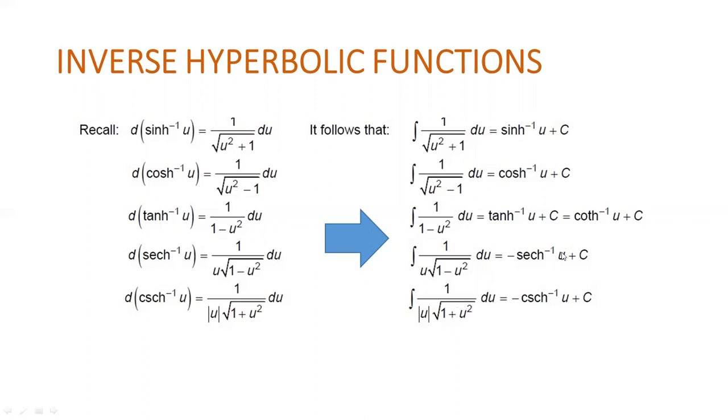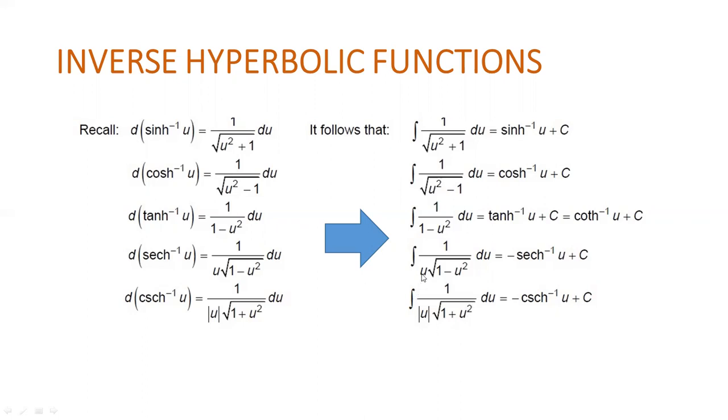And by the way, class, it's important that you understand that this u could be any algebraic expression like x squared, x to the 4th, x cubed, x to the 6th, x to the 9th. It could also be a function, okay?